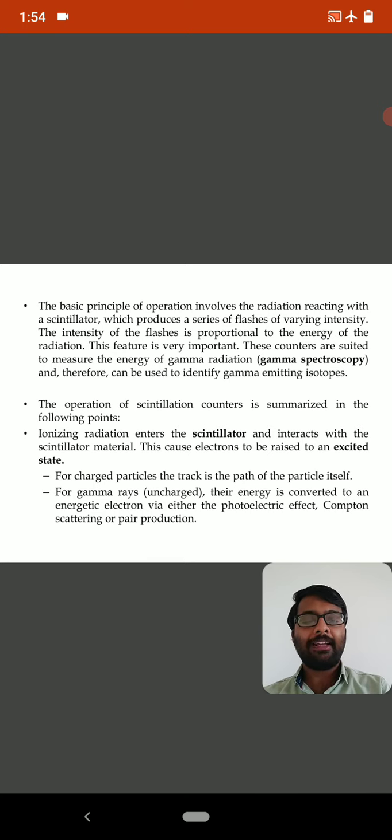So for charged particles, the track is the path of those particles, but for uncharged particles such as gamma rays, the energy is converted into energetic electrons through three main processes: the photoelectric effect, Compton effect and pair production. It means the interaction of gamma radiation with matter is mainly through these three processes. By understanding these three processes, we can understand the complete gamma ray spectroscopy or gamma spectroscopy.